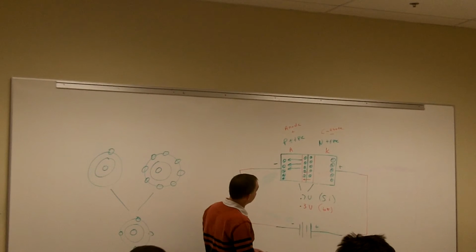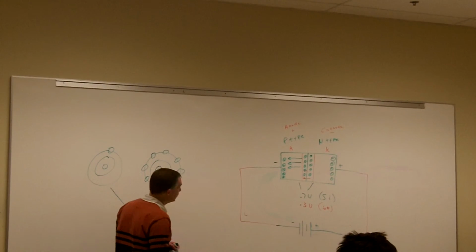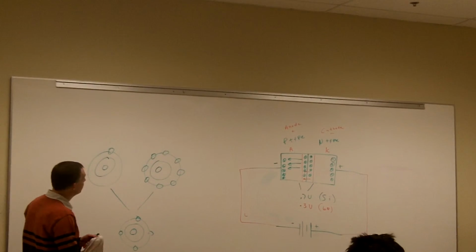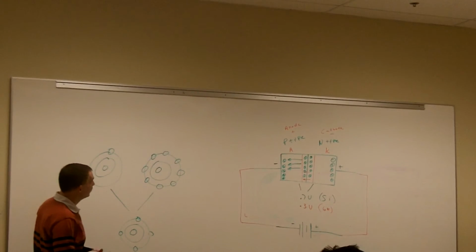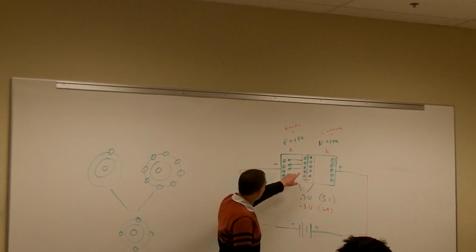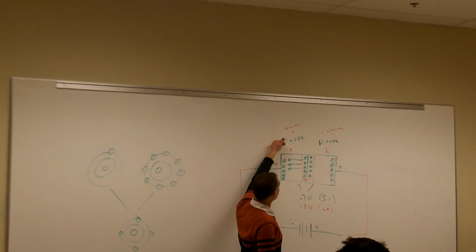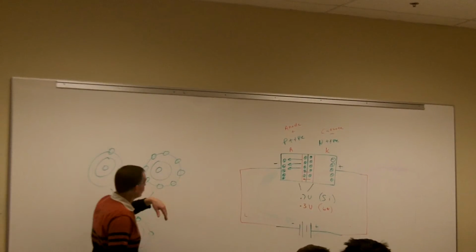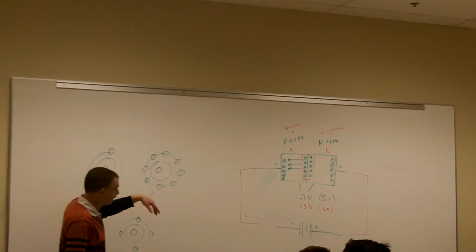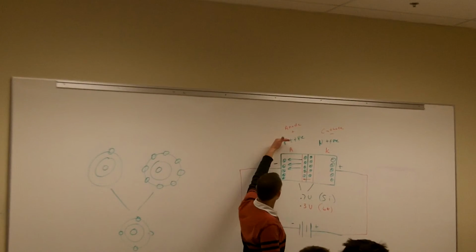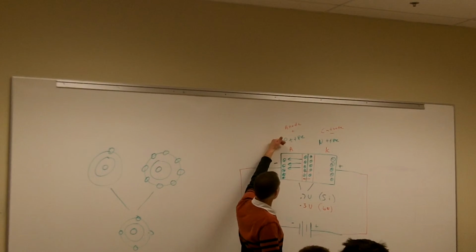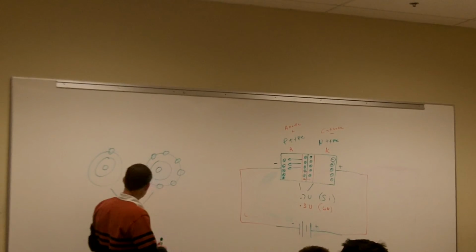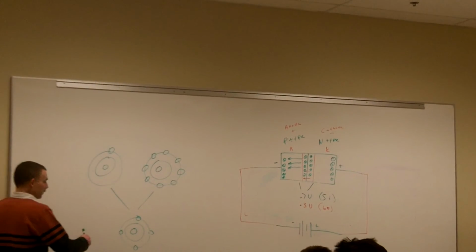And if you really want to get into it, you can figure out what is a P-type material and what's an N-type material. If you're really into physics, to figure out if it's a P-type material, what you have to do is take your atomic number.